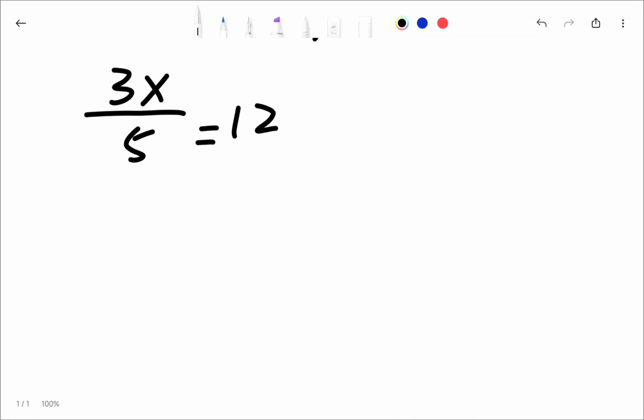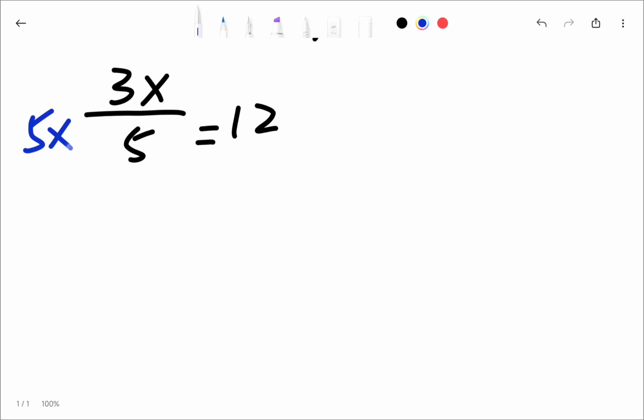There is a fraction in the equation. To get rid of the fraction, we want to get rid of that denominator. We have 3x is divided by 5. So the opposite of dividing is multiplying.